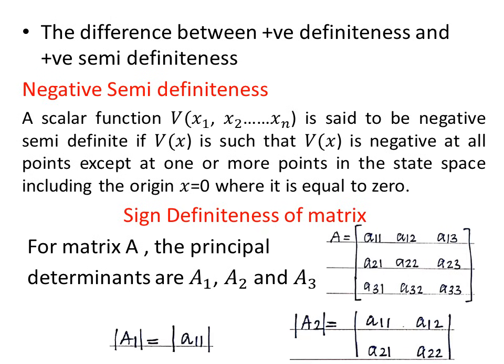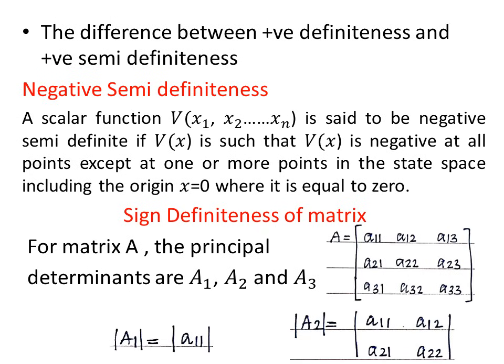What is the difference between positive definite and positive semi-definite? In the case of positive definite, v of x is positive except at x equal to 0, and in the case of positive semi-definite, v of x is 0 at x equal to 0 and at some other values of x.